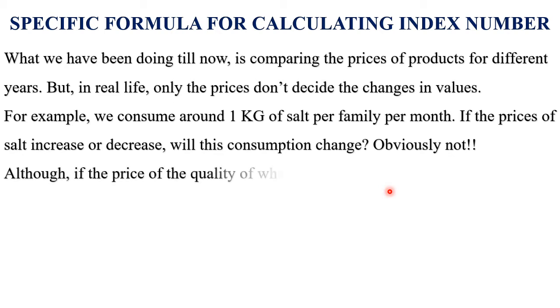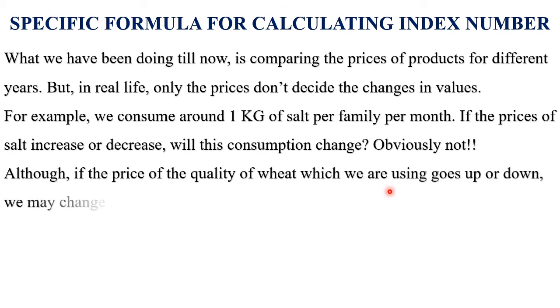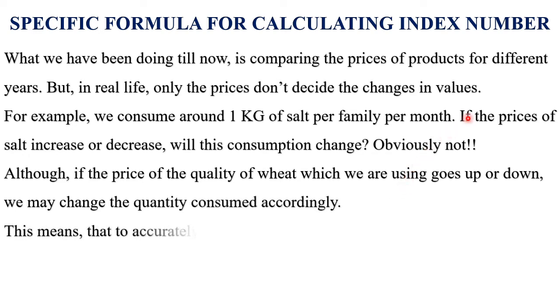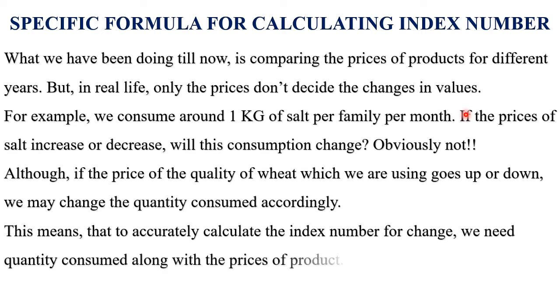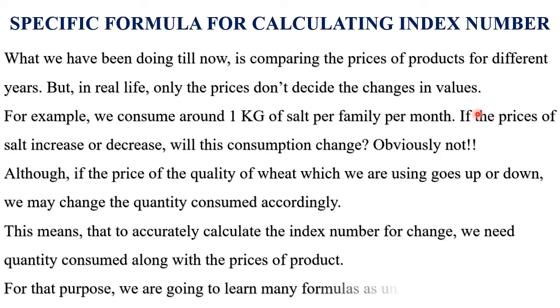Although if the price of the quality of wheat which we are using goes up or down, we may change the quantity consumed accordingly. This means that to accurately calculate the index number for change, we need the quantity consumed along with the prices of the product. For that purpose, we are going to learn many formulas.